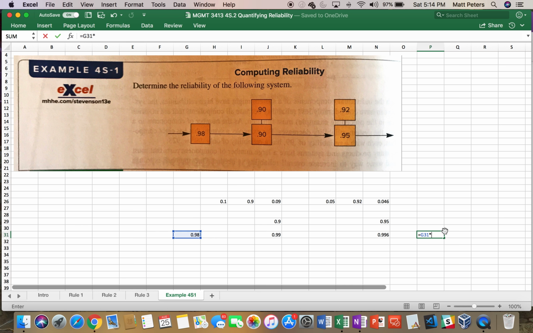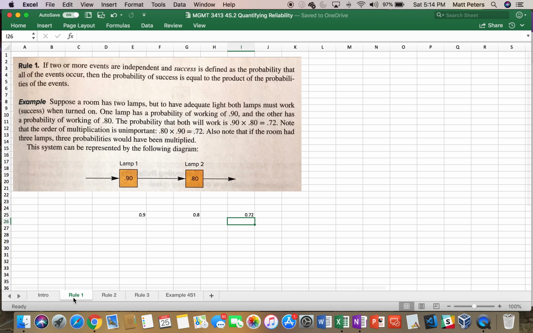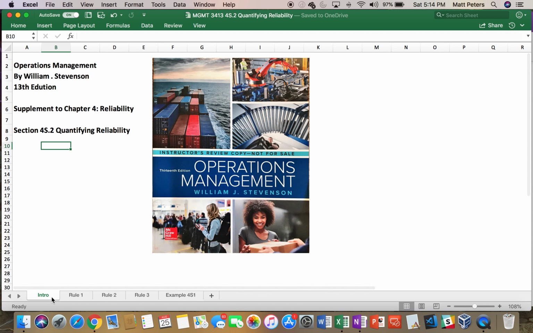This times this times this. So it's 96.63192% is the probability that this whole system is going to work. And that is a walk through rules 1, 2, and 3 on quantifying reliability.